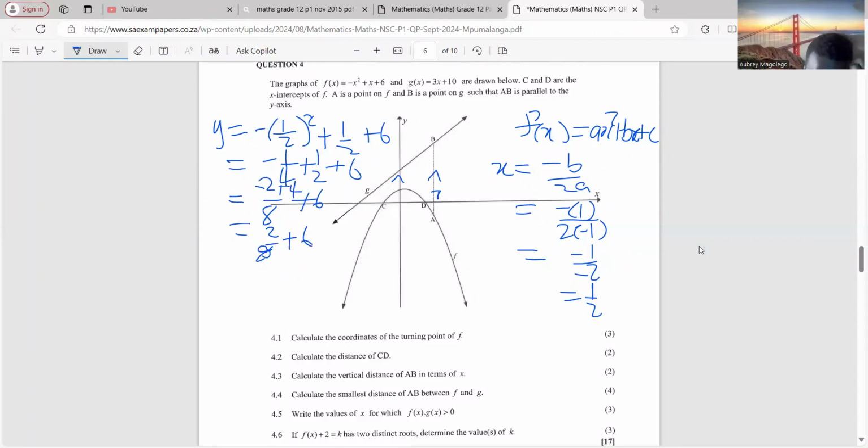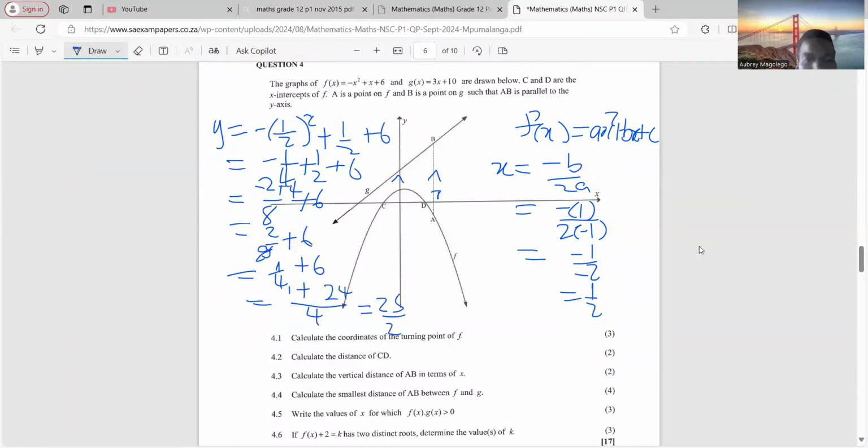Therefore the answer is 1 over 4 plus 6. 1 over 4 plus 6 is equal to 1 plus 6 times 4, which is 24, all over 4, which is equal to 25 over 4. So the y value is equal to 25 over 4.